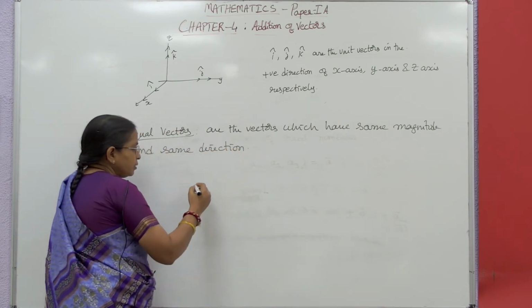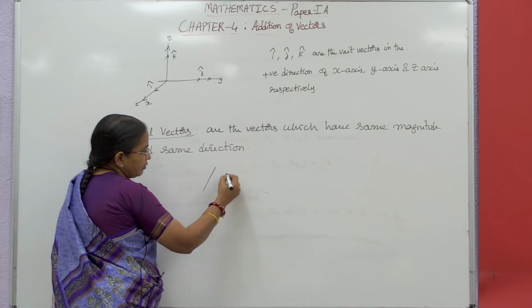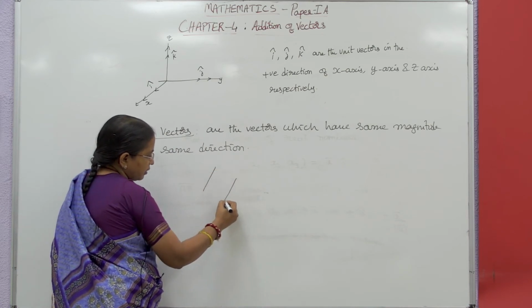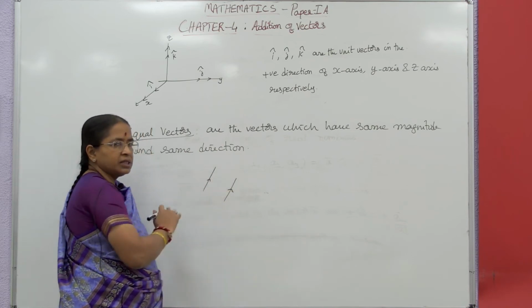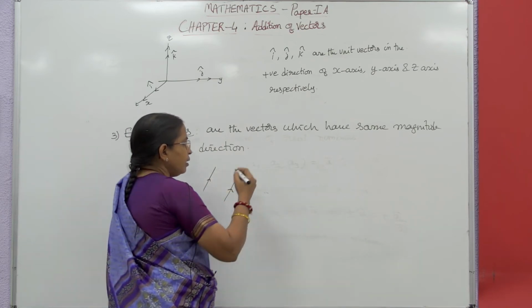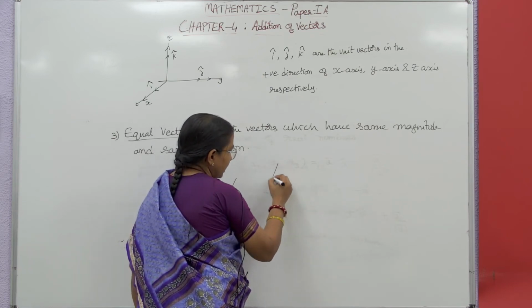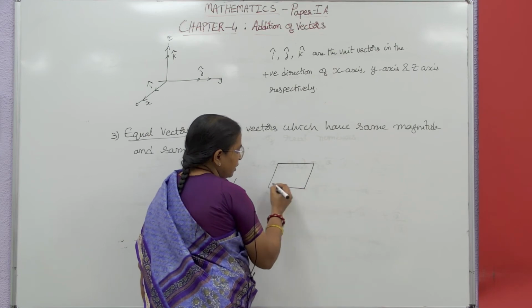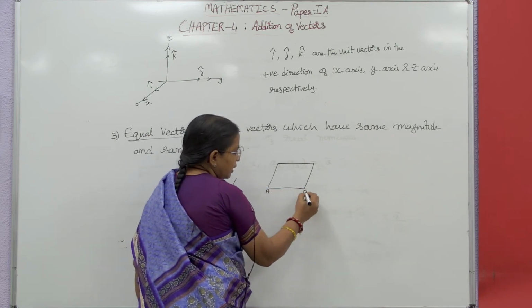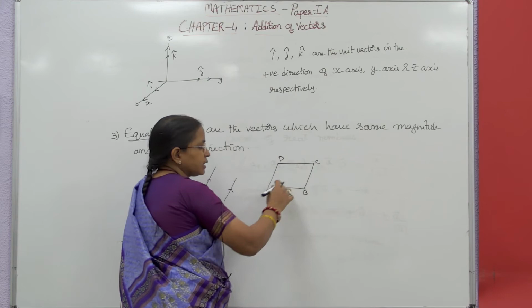Okay, now see, suppose you have vectors which have the same length and they have the same direction. So these are equal vectors. Now we'll take a parallelogram. Suppose that you have a parallelogram like this, ABCD. We know that the opposite sides are equal.